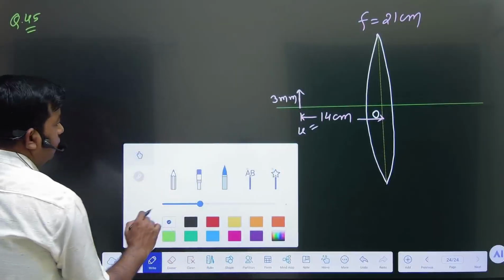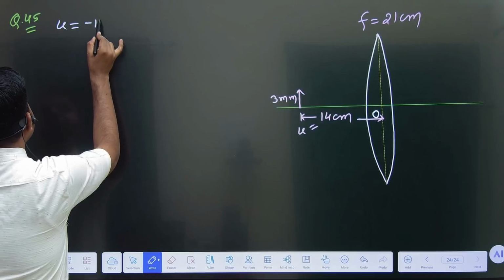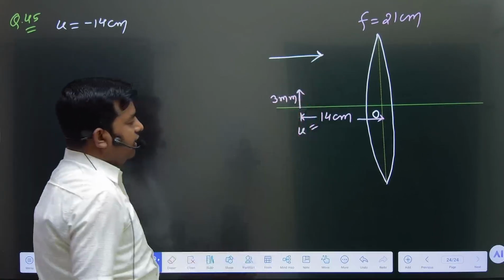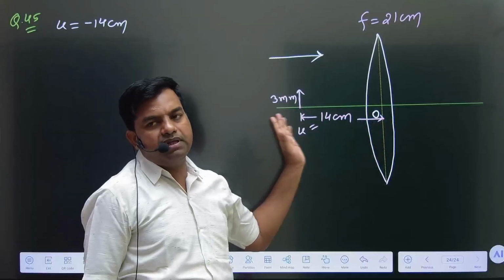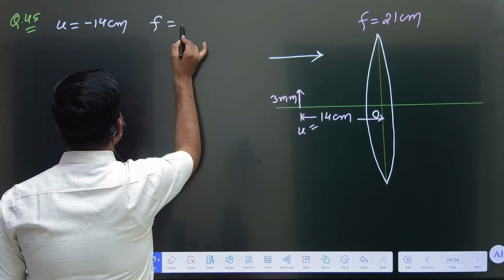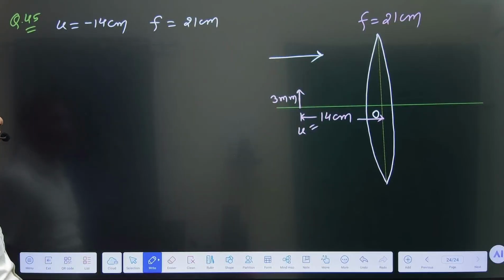So we know that here, what is the object distance? U is minus 14 centimeter, because light rays incident like this, and distance is measured from the optical center in opposite direction. What is the focal length of the lens? This is plus 21 centimeter, because focal length of this lens is always positive.